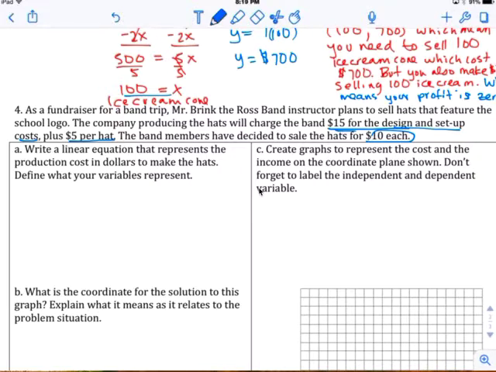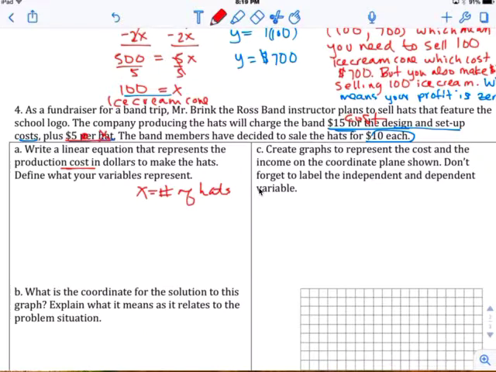Write a linear equation that represents the production cost in dollars to make the hats. Define what your variable represents. Okay, you're writing a linear equation that represents the production costs, so how much it's going to cost you. This is a cost: design fee and setup fee, and they're going to charge $5 per hat. So X then represents the number of hats.